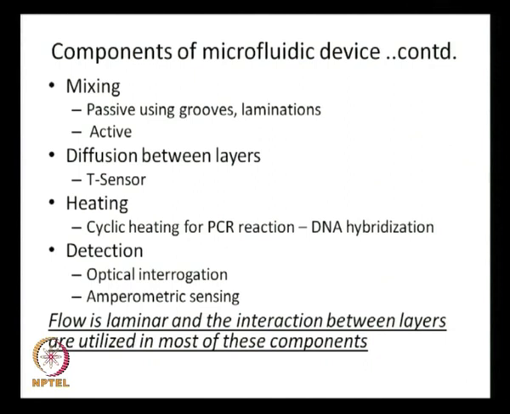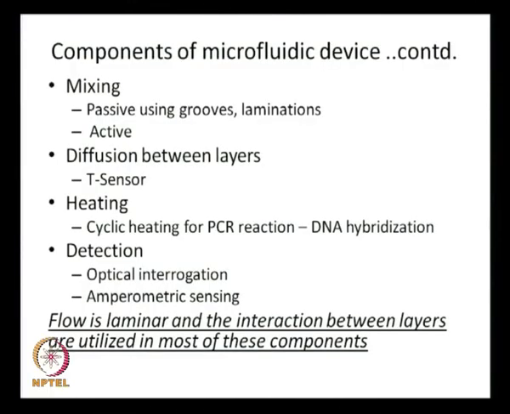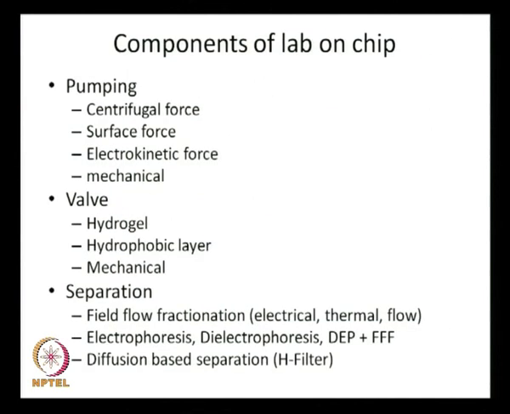This is unlike a typical flow in a channel where there could be turbulence and movement of eddies from one place to another. That is absolutely missing, because you are relying on two layers flowing like a pack of cards, one sliding against the other, and diffusion is taking place from one layer to the other. So, you are relying on this laminar flow, that is for certain. These are some of the things that you should remember.